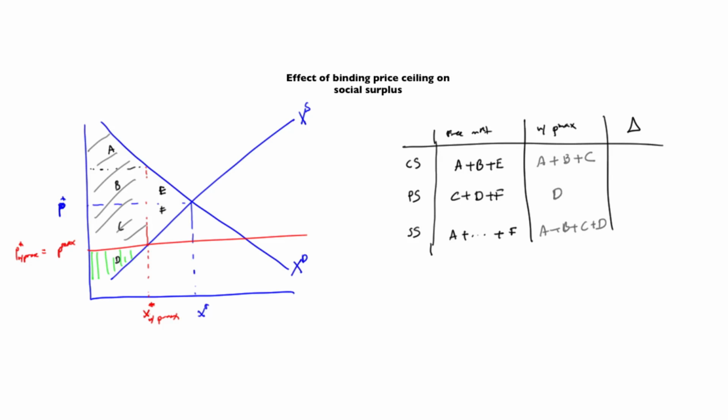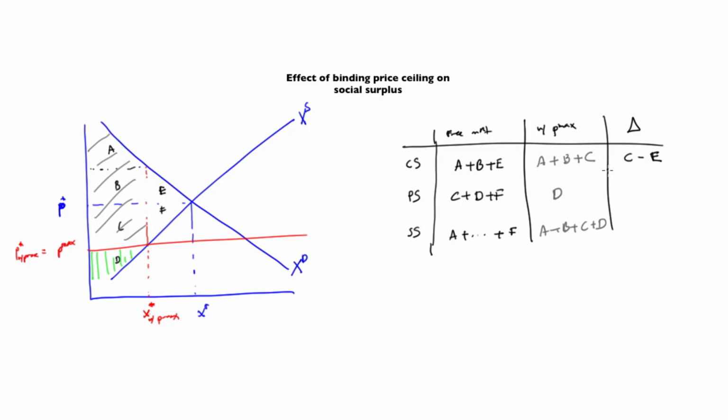Okay. Now we can compute the difference between these areas, which is this minus this, so it's C minus E. So consumer surplus can go up or down. Consumers as a whole can be benefited depending on whether this area is greater than this or not. It's going to depend on the details of the problem.